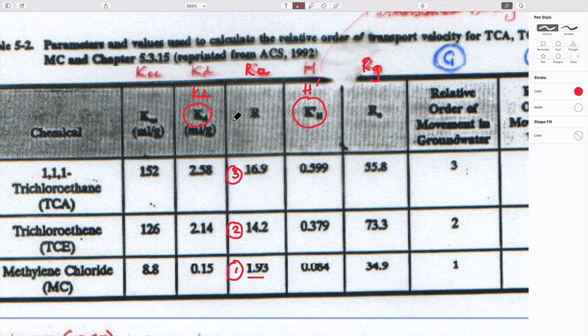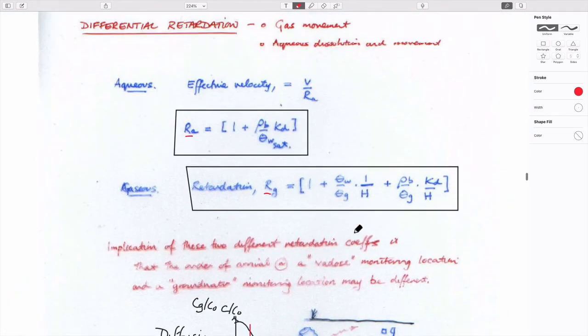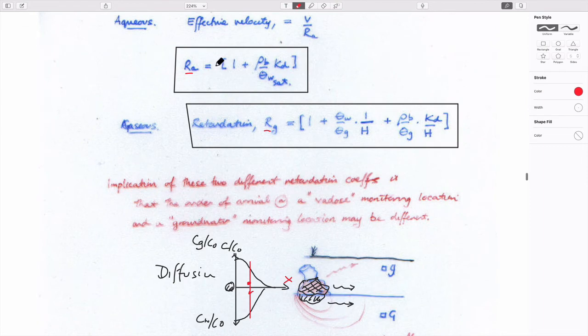If you look in the gas zone, then the smallest one now is still methylene chloride, but the second arrival now is switched. So instead of arriving in the same sequence, if you sampled in the vadose zone right directly above the groundwater zone, the order of arrivals would be different, because of the different influences of these components that contribute to the different retardation coefficients.